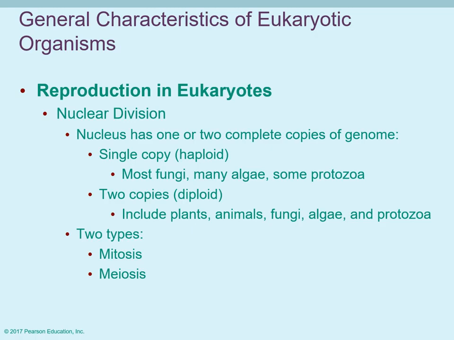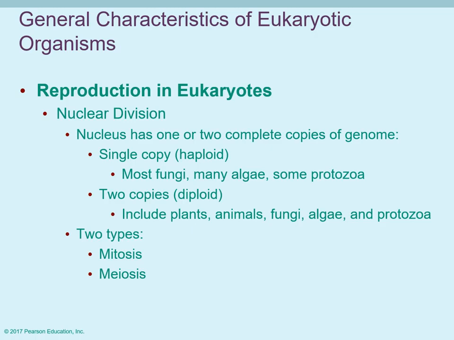The nucleus may contain just one single copy of the genome, of the DNA. In that case, it would be called haploid. Most fungi are haploid, many of your algae are haploid, and some protozoans as well. If it contains two copies, now in humans, we're used to most of our cells, other than the sex cells, are diploid.